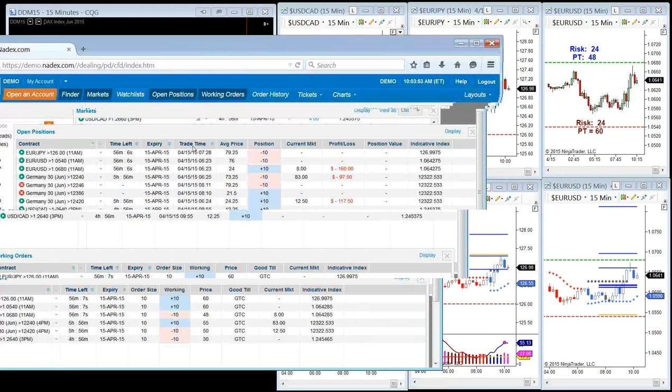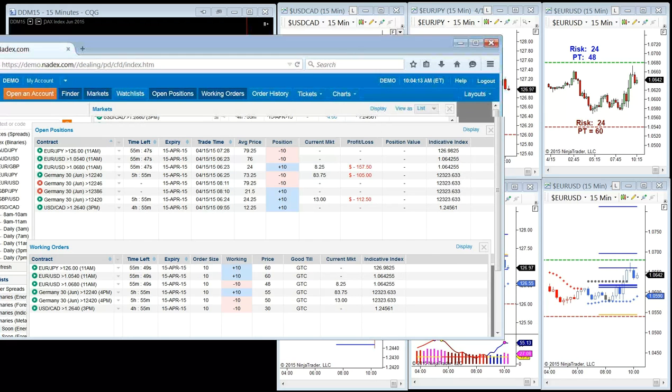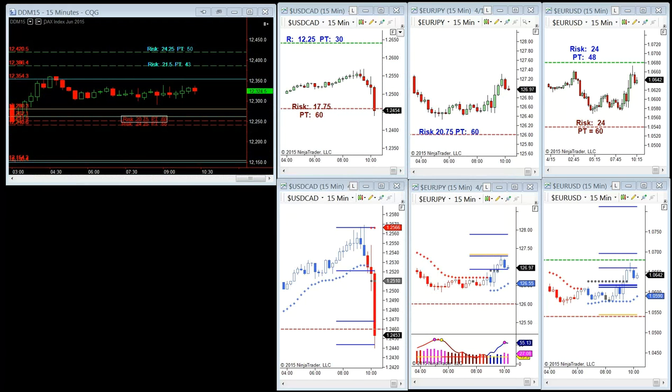Now I'm watching the US Canadian. I've already got filled on the other order. So my short position on the Canadian was filled. That was $400 profit. Let me mark that one.